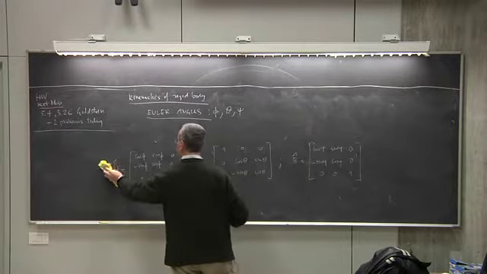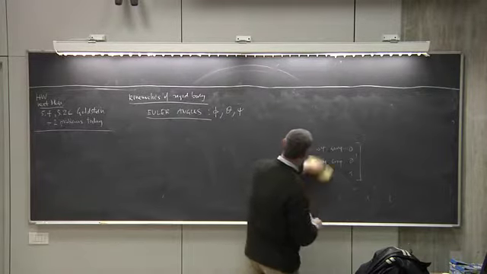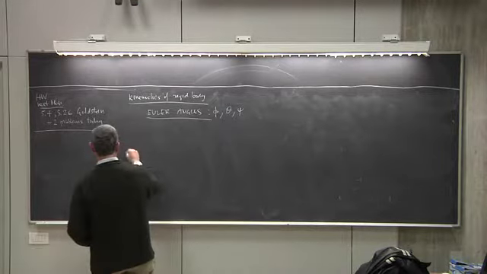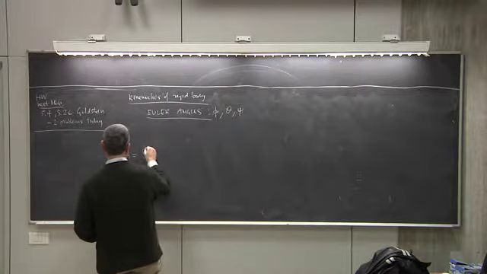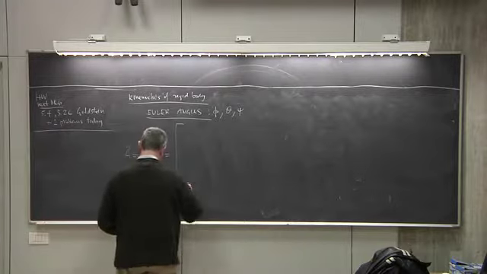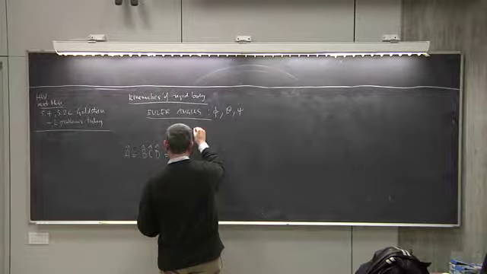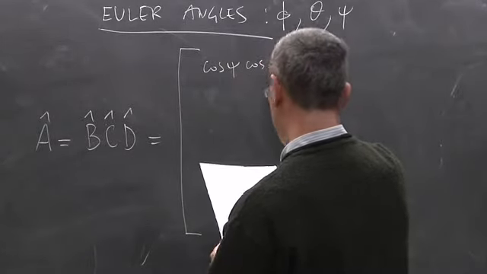And so, can I erase this? Yeah. So the final result of this matrix, that is the product of the three matrices that I just wrote, is, well, you find it in any book, but let's write it in all its glory.